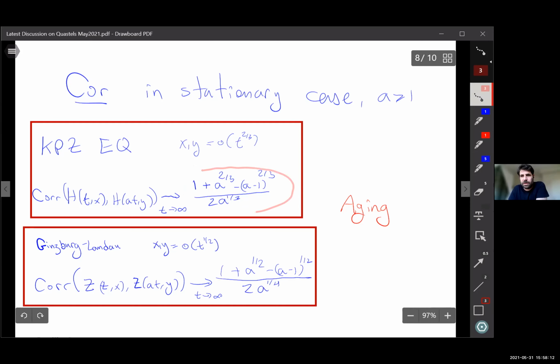It's called the aging function of the KPZ. And in the Ginzburg-Landau or the Edwards-Wilkinson, if you take x and y to be little o of t to the 1/2, you get that these correlations converge to this aging function. And you see here the scaling of the KPZ and here of the Edwards-Wilkinson.